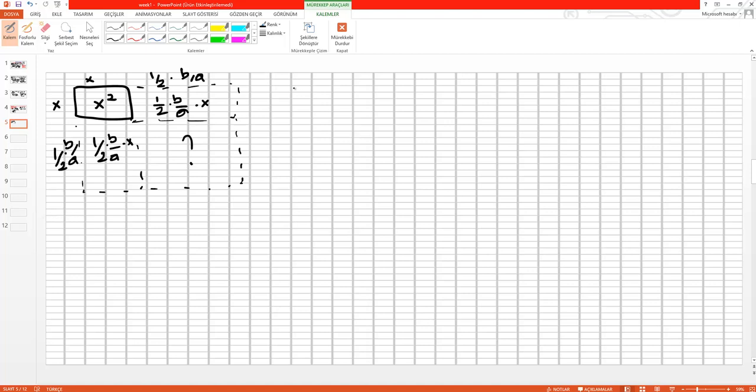Okay, and so if we take the square of this term, it gives the complete area of this term, right? Okay, and so x square, (b/a)x, because it's multiplication of terms, and then we have 1 divided by 2 b/a squared, right?